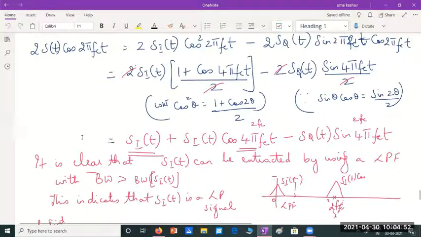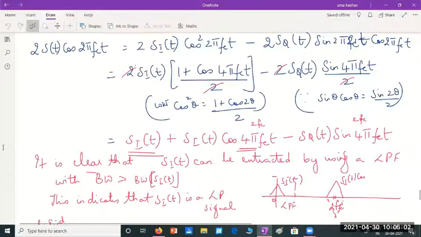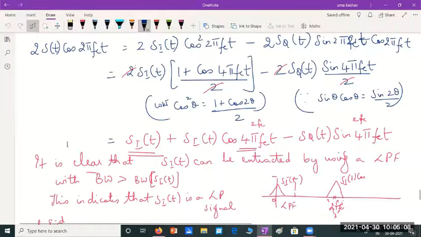You would get the left hand side as 2 S of t cos 2 pi fct.